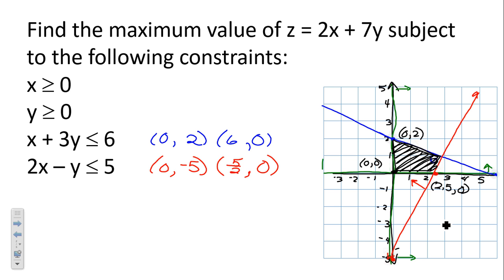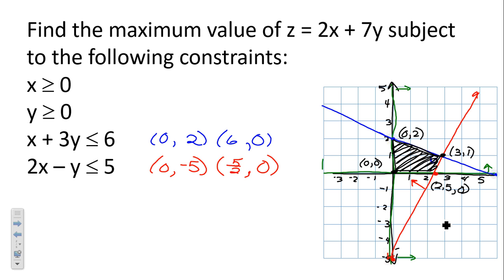So is 3 plus 3 times 1 equal to 6? 3 plus 3? That one works, right? And 2 times 3 minus 1, they both work, right? So we know that 3, 1 is our other vertex.